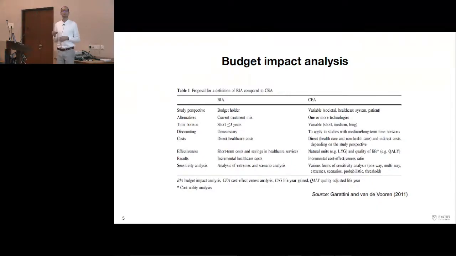In budget impact analysis, we consider the current treatment mix as the alternative. So essentially we consider all the procedures that we would have to pay for using the budget.